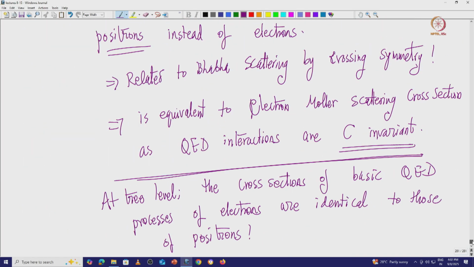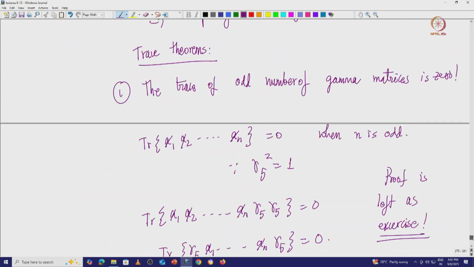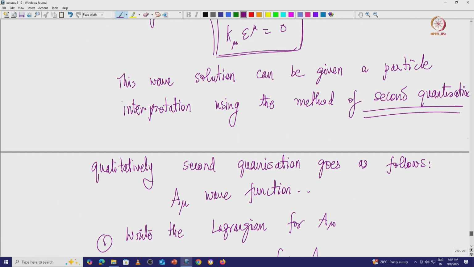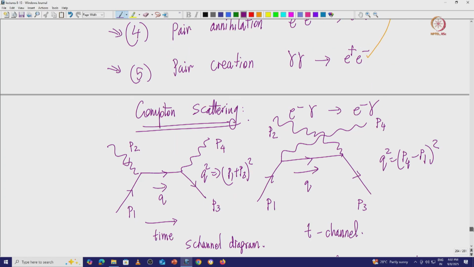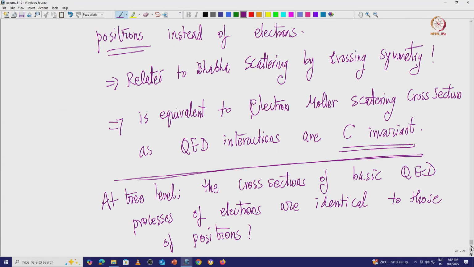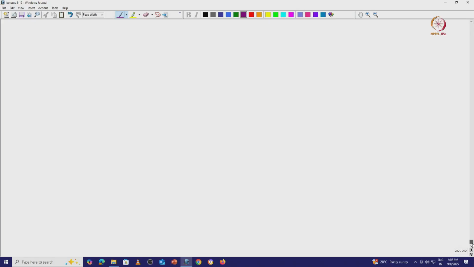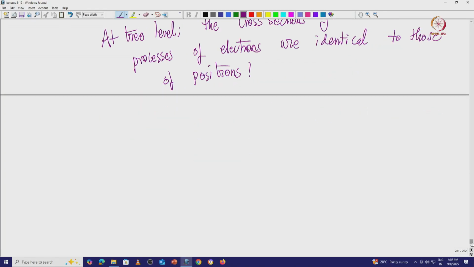Okay. Now the other two processes which are equally important are, so let us draw the diagram. Essentially these two processes are pair annihilation and pair creation. Pair annihilation is a process in which an electron and a positron come, annihilate each other and produce two photons.